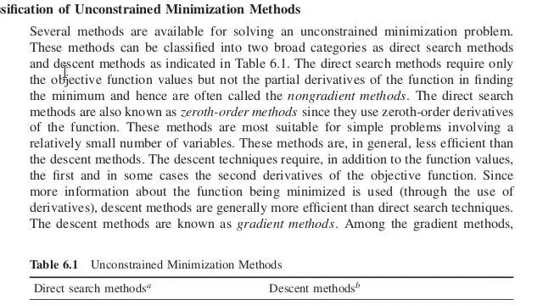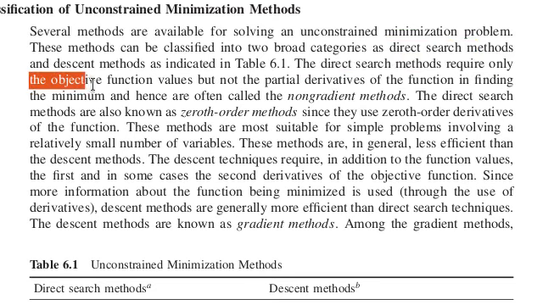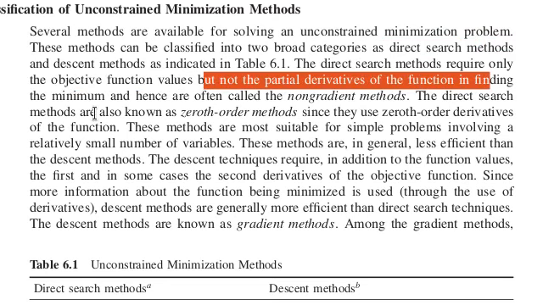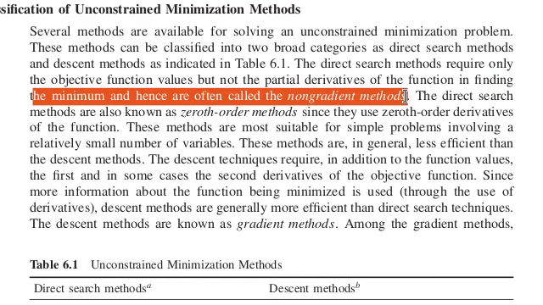We will find the derivative of the functions in this, but in the direct search method we will not find the derivative of the functions. You saw in the simplex method we did not find any derivative, we just compared the values. The direct search methods require only the objective function values, but not the partial derivatives of the function in finding the minimum, and hence they are called non-gradient methods.